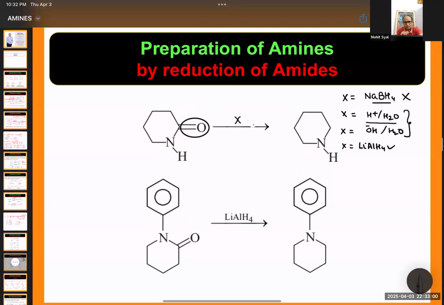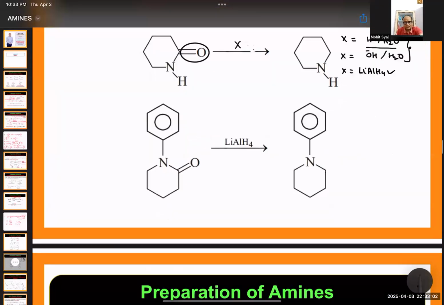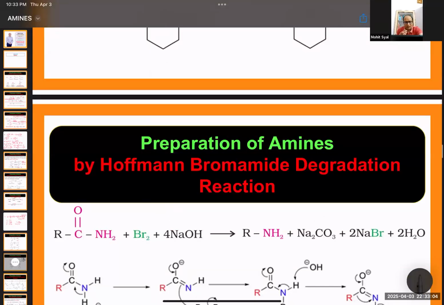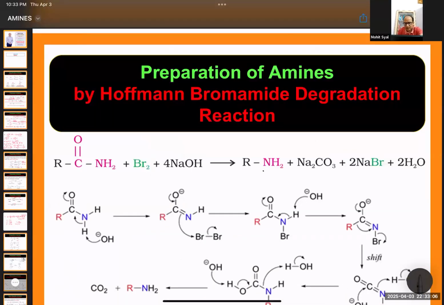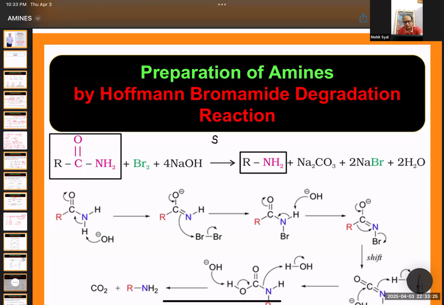Got it? And in this, you are getting an amine with one carbon atom less. Look, this is your amine, and this is the amide. So the C=O actually disappeared. This is a step down reaction. Are you getting my point?